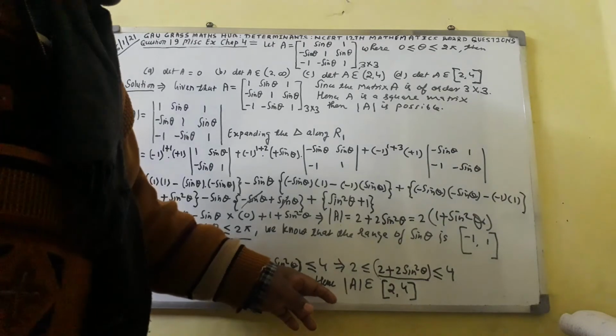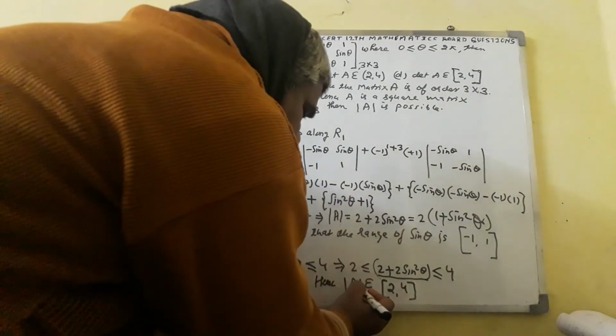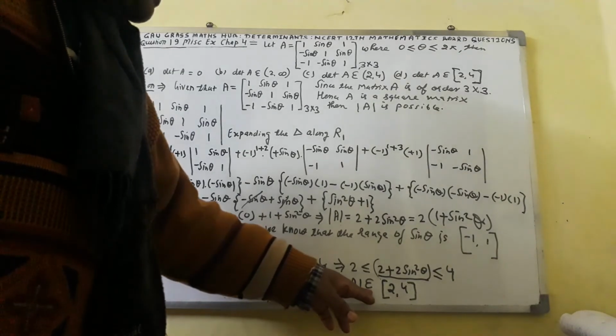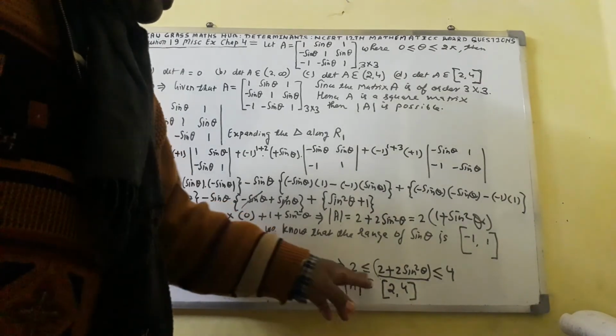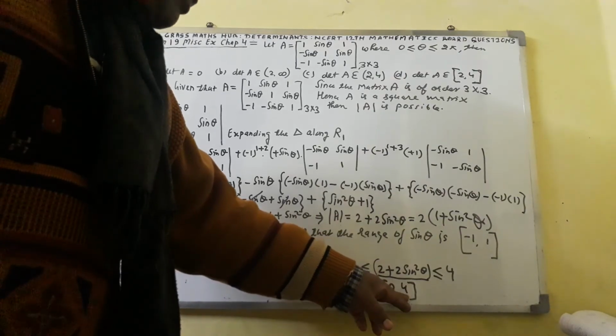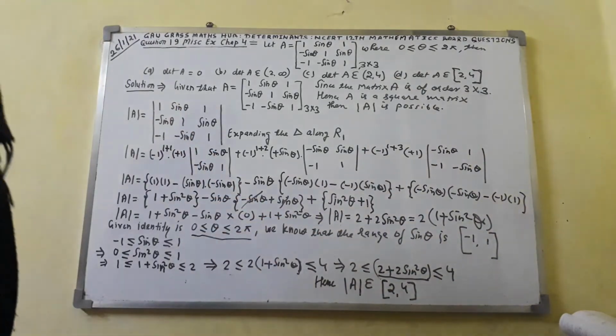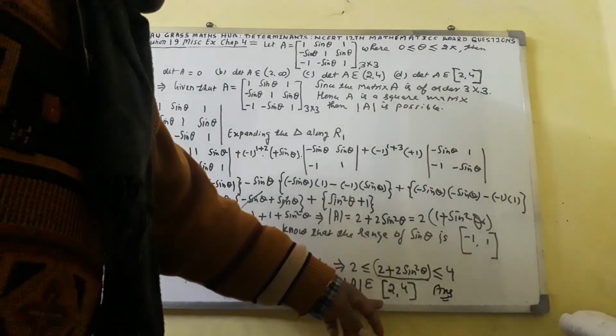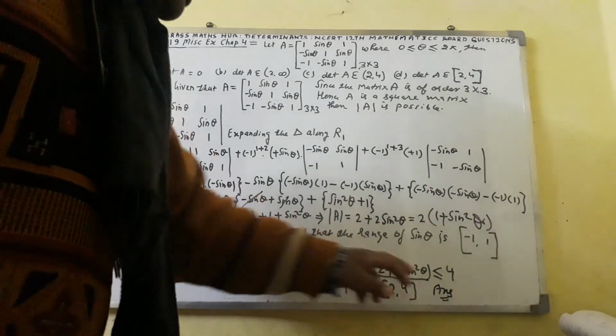So here you will get 4 and this will become a closed interval. So here you have got, hence determinant of matrix A belongs to closed interval 2 comma 4 closed interval. So this will be the correct answer you have got here.